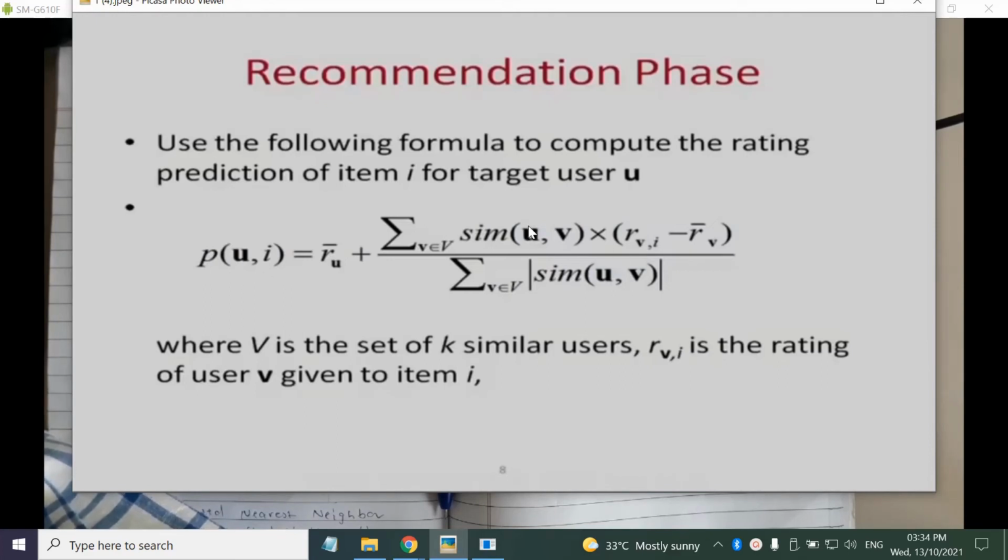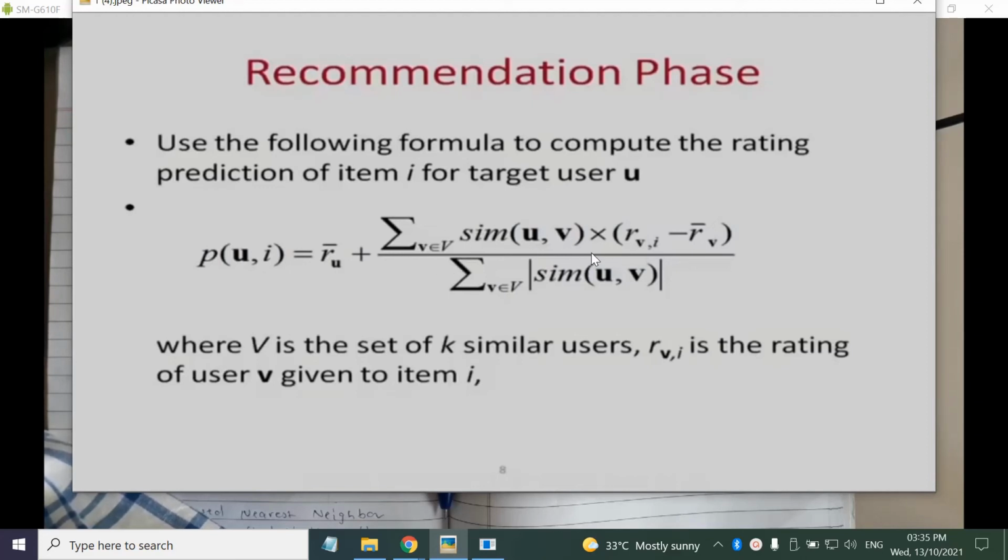If you multiply this bracket with this, you are doing a weighting, giving higher importance to the highly correlated vector. Then you have this R bar, the average rating given by u, plus the contribution based on the ratings given by the neighbors, which will be added or subtracted.